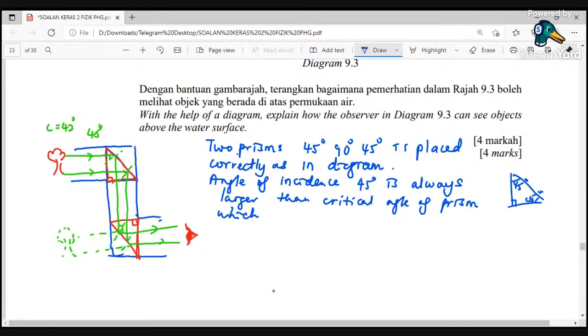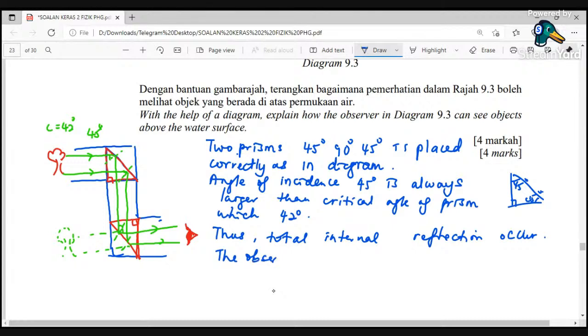Which is 42 degrees. Thus, total internal reflection occurs, and the observer can observe an upright image of the hidden object.